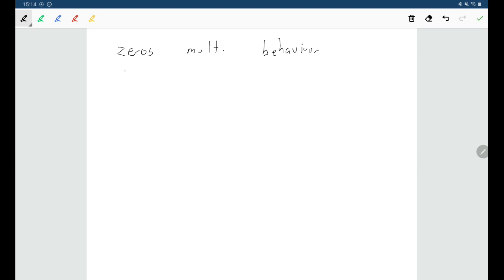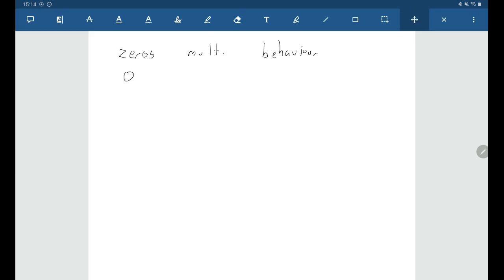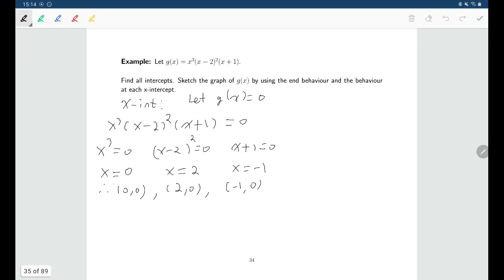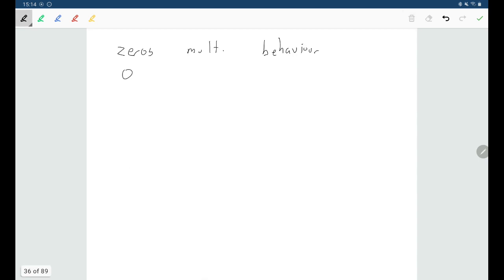We had 0 as one of the zeros. If we go back and look, we can see that 0 came from x cubed, which has a multiplicity of 3. So the zero of 0 has odd multiplicity, which means it's going to cross the x-axis.